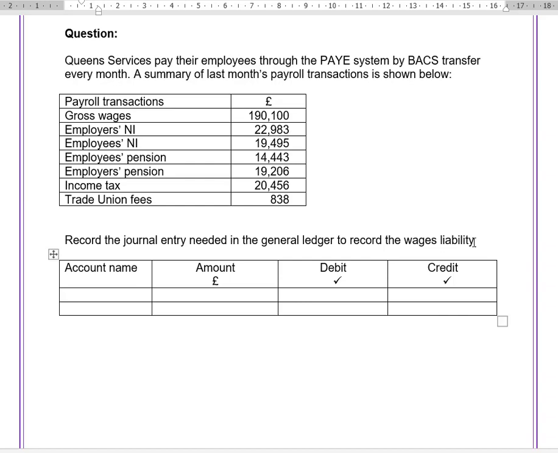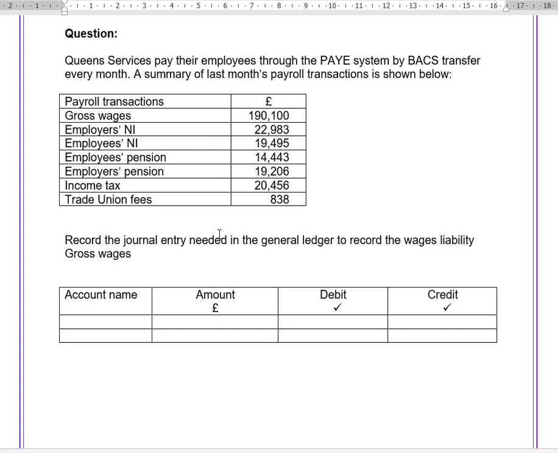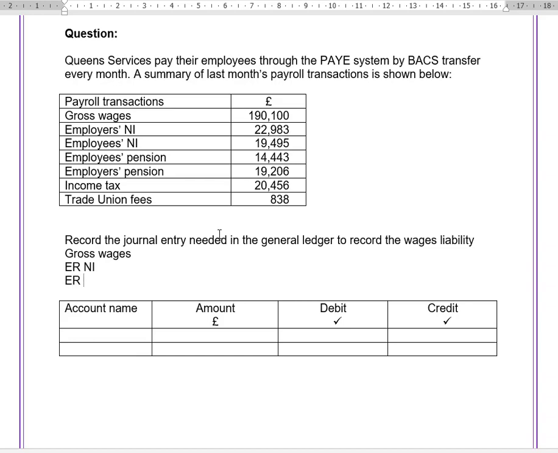The wages liability, you need to be clear, what is it made up of? And from my table above, that will be made up of your gross wages, your employer's NI, and your employer's pension. So we have, what is my wages liability?